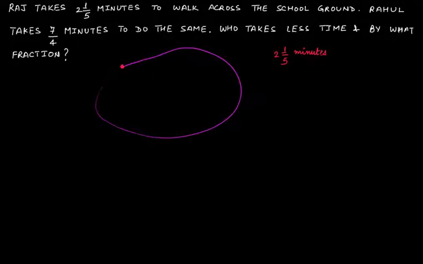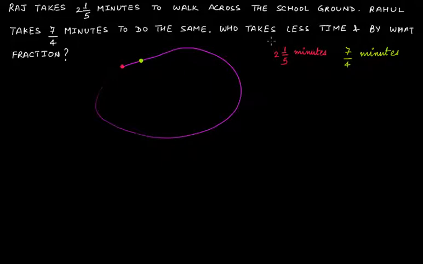And let's say that Rahul starts from here and he also takes a complete full round, that is one complete round, and takes 7/4 minutes. These two numbers are in fractions.